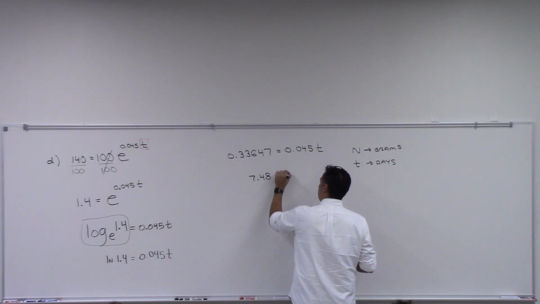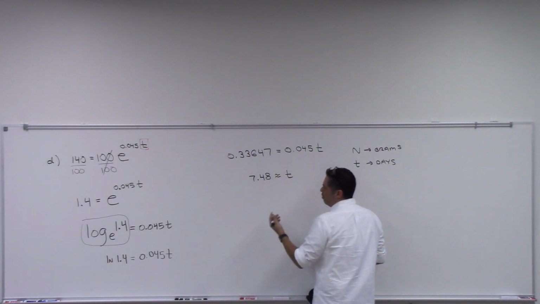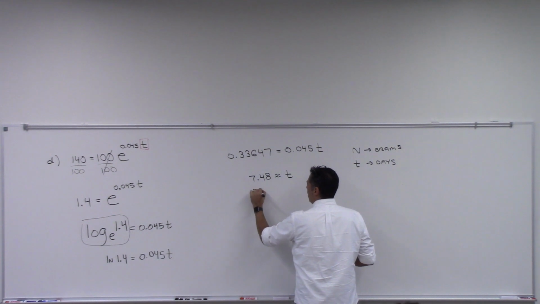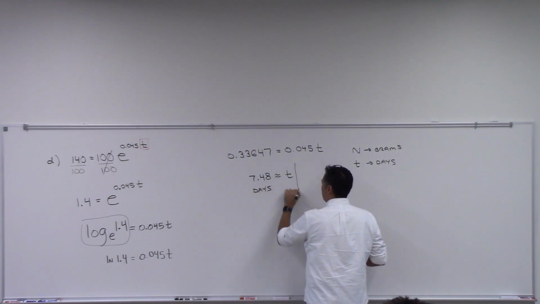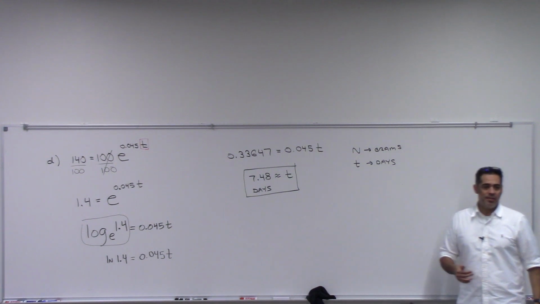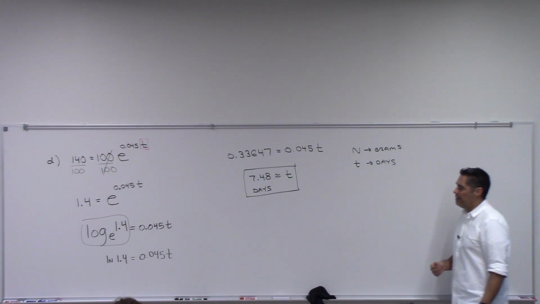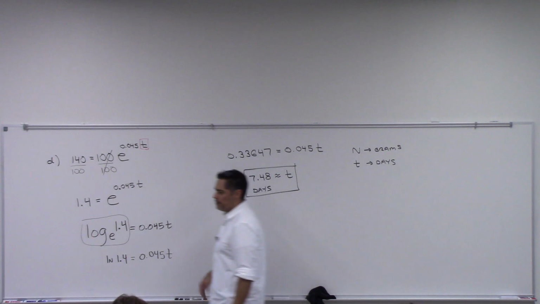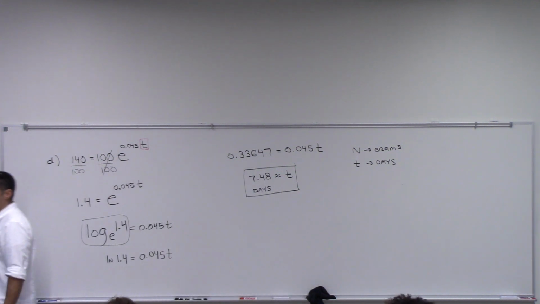About 7.48, but you need to say what the units are, so days. It takes about 7.48 days for our bacteria to grow to 140 grams. We good?